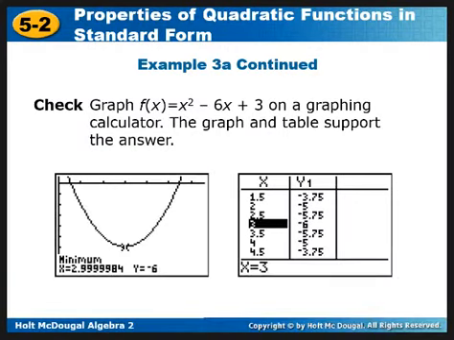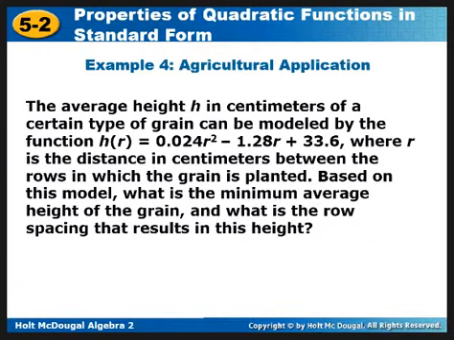Now, this is another graph that shows everything we just found out. It puts it in a little better context because you can see where the graph would actually be on the coordinate plane. You can see it's a minimum, and it's negative 6, which is what we came up with. So, now, story problems.